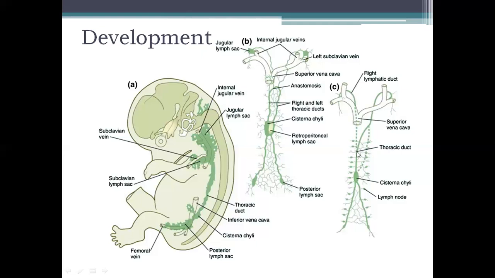Above the level of T4 or T5, the thoracic duct of the right side degenerates or disappears. Below the level of T4 or T5, the thoracic duct of the left side degenerates or disappears. So now we can just trace the course along this. This is the original course of the thoracic duct we know.